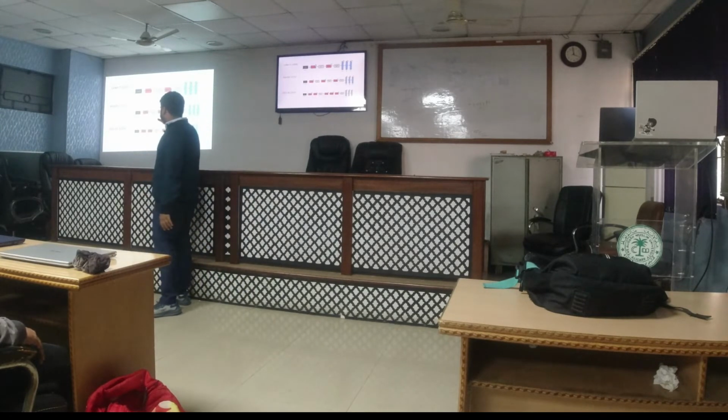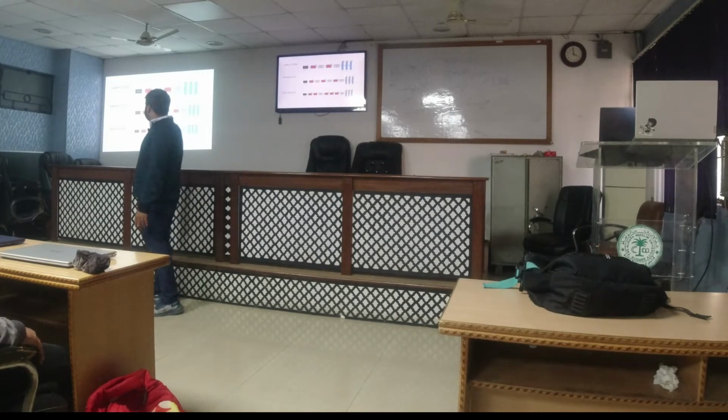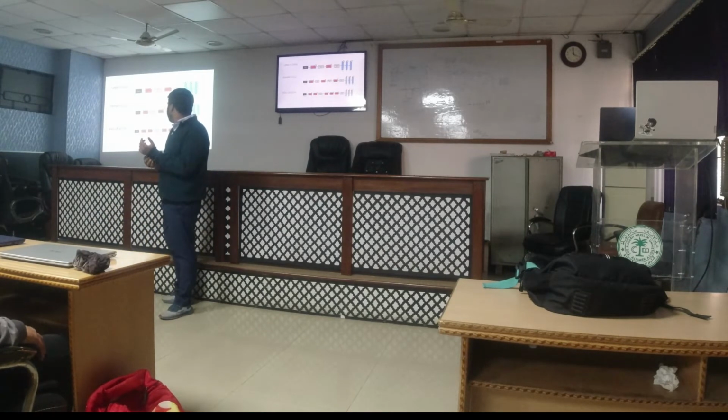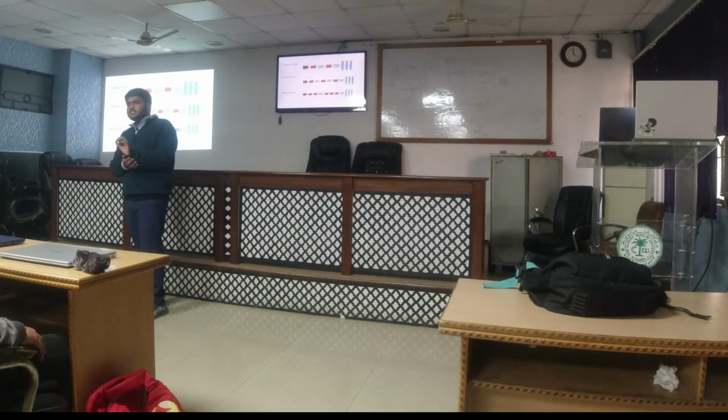LeNet-5 follows this architecture, and over there you see in yellow written T, S, R, and mostly R. These are the activation functions that were used.